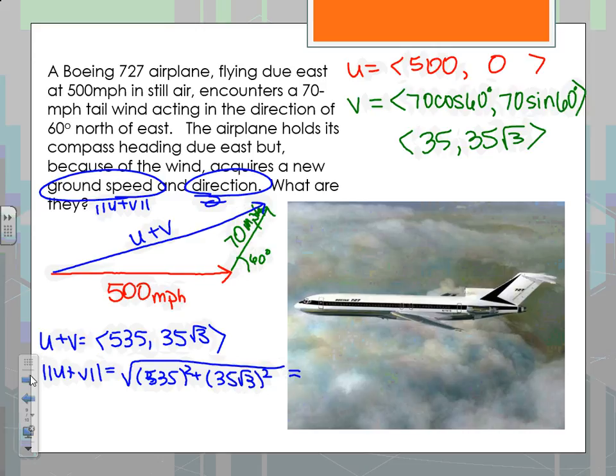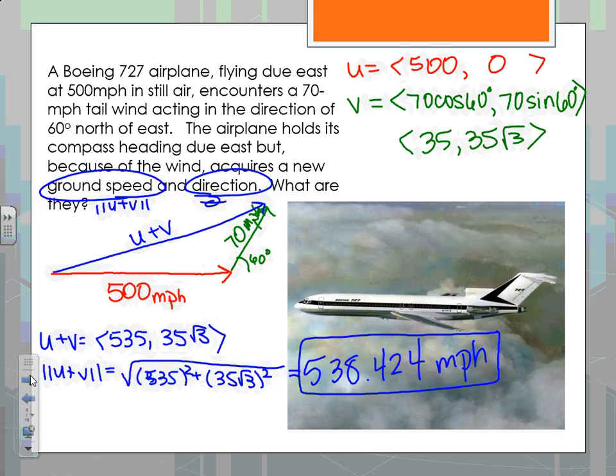Oh, you have an answer for me. Five to be 0.424. And since our other magnitudes were in miles per hour, this one will also be.